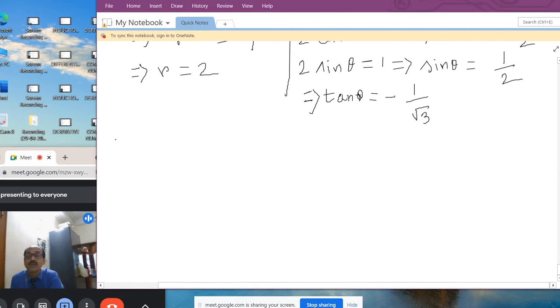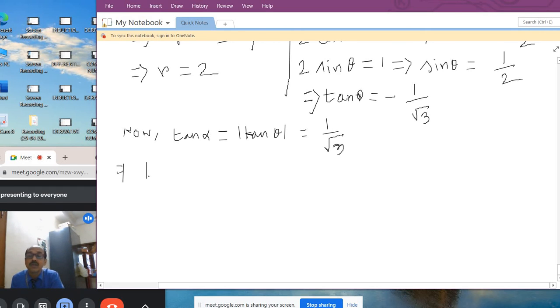Now tan alpha equal to mod of tan theta, which is equal to 1 by root 3. Mod value is always positive. And 1 by root 3 means tan 30 degrees, so pi by 6.